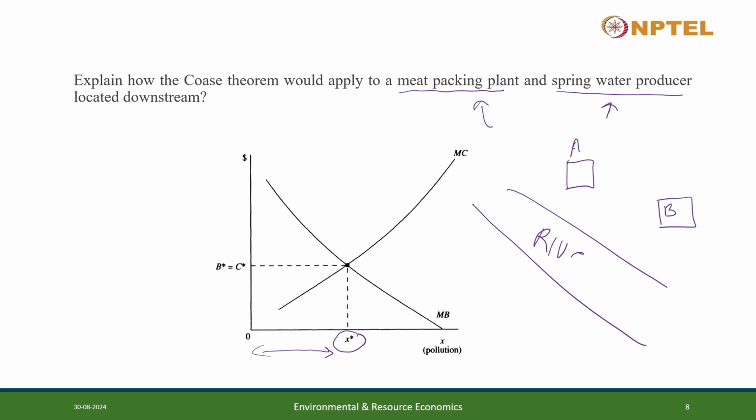The spring water producer plant produces a certain amount of water out of the river. However, the meat packing plant is polluting the river. So then there will be negotiation between A and B. In this case, you can apply the Coase theorem and try to draw the optimum level of pollution and benefits for both the companies. Am I clear?